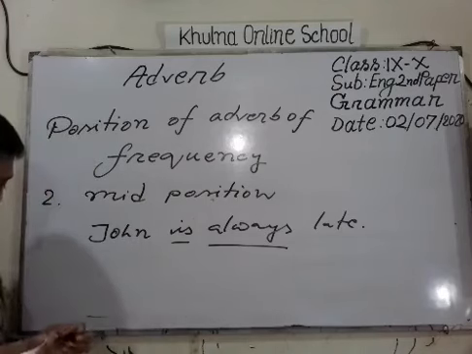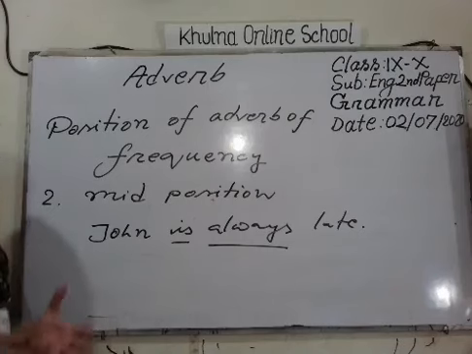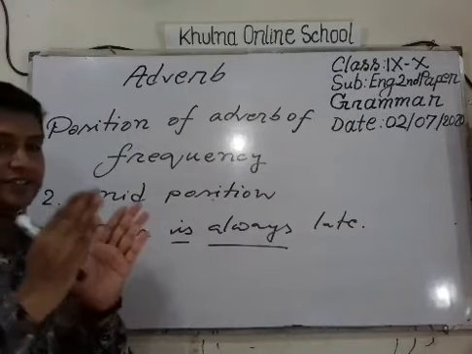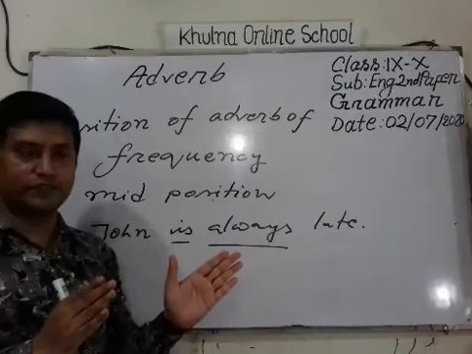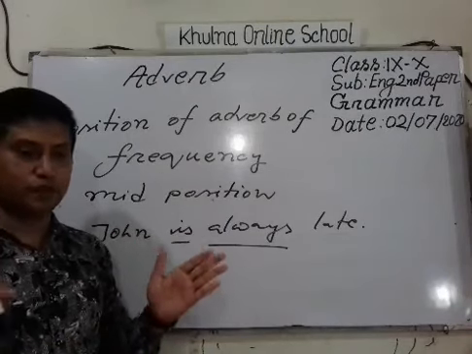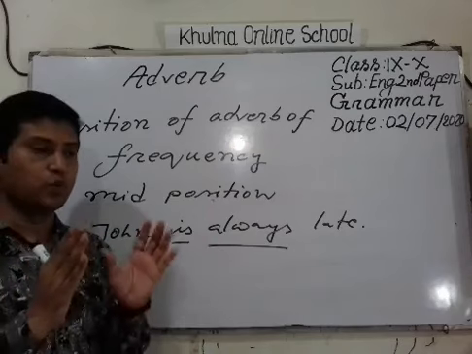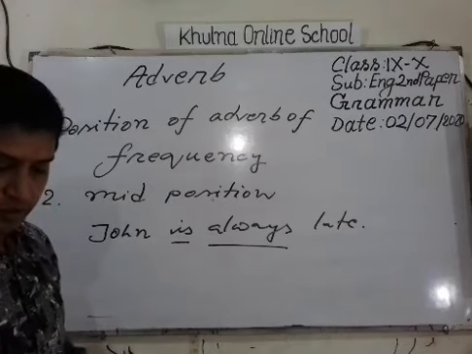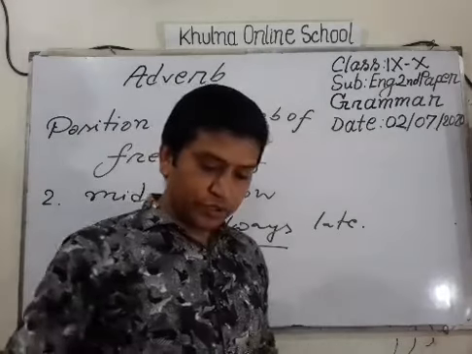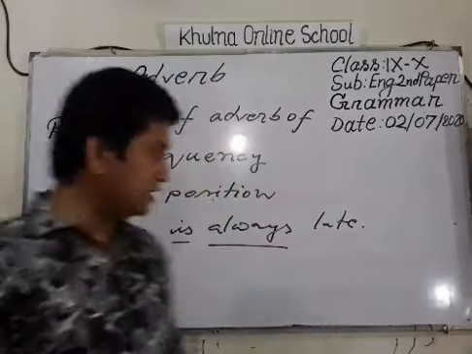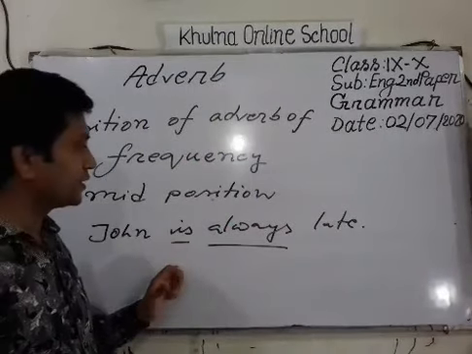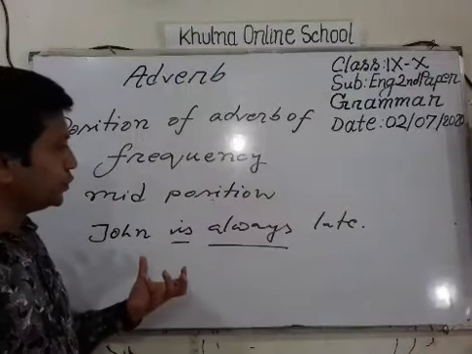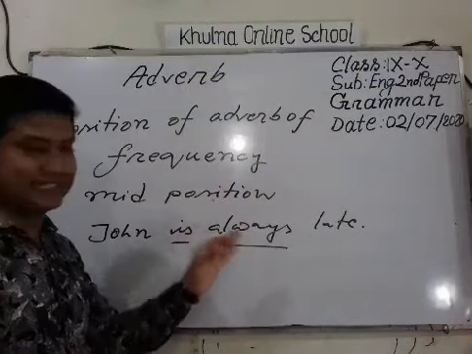Next, another sentence: You must never take exercise after a big meal. Must is the auxiliary verb and take is the main verb. Between these two verbs, I have used never. So, what have we learned here? We have learned where we use adverbs of frequency in a clause.